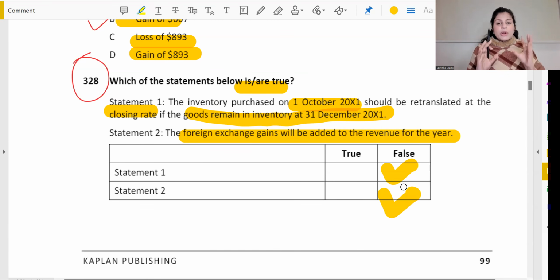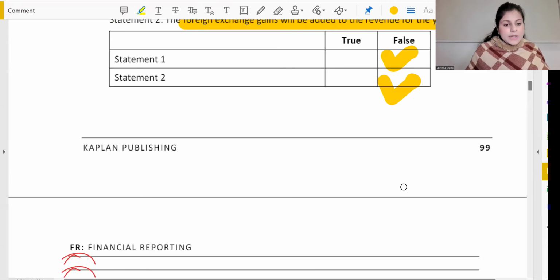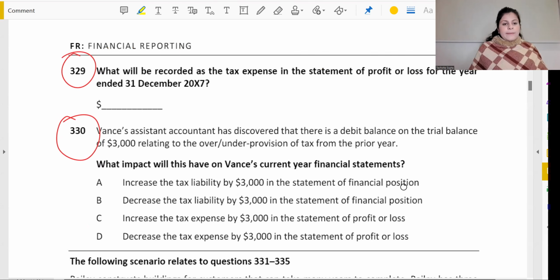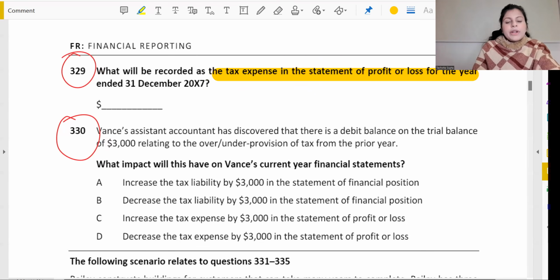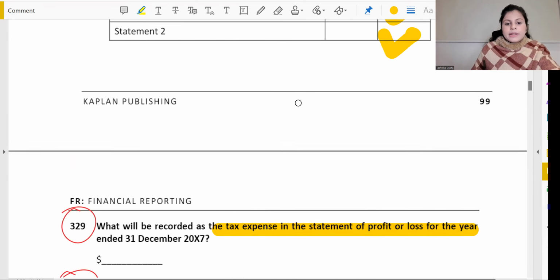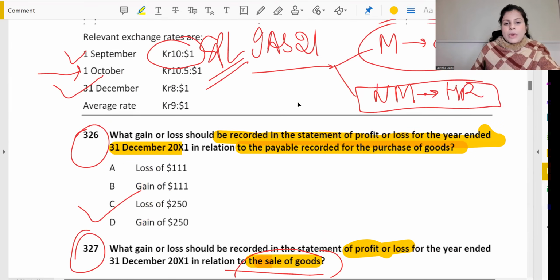Revenue is from the normal course of business as per IFRS 15. Okay. What will be recorded as tax expense in the statement of profit and loss? So now there is something related to taxation in this question as well. So let us read. They're asking the tax expense to be reported in P&L.